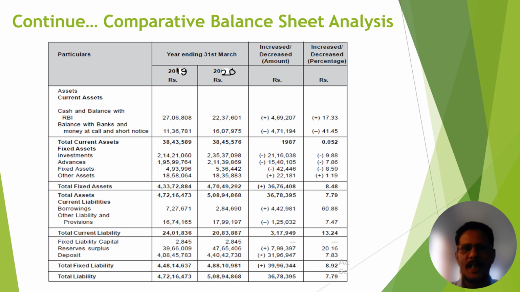So for this, we take one small analysis sheet. Under this we have two-year balance sheets, current year and previous year. Here we compare the current year balance sheet to the previous year in the form of increasing value and decreasing value.